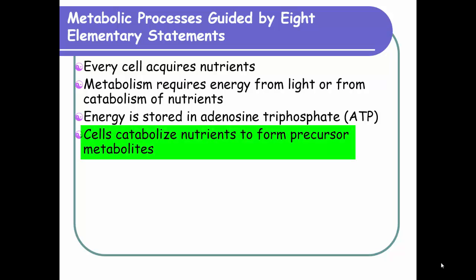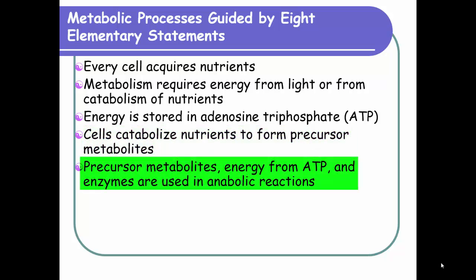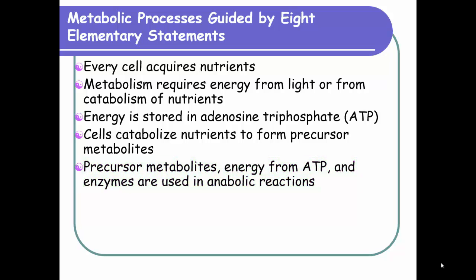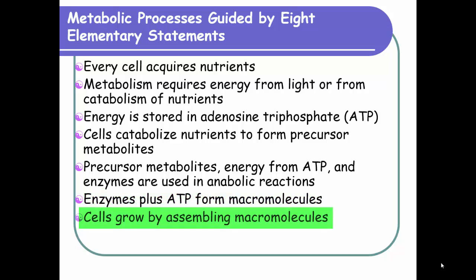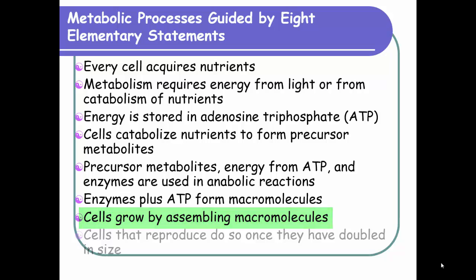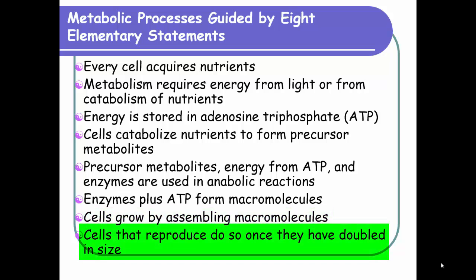Cells catabolize nutrients to form precursor metabolites. These precursor metabolites, the energy from ATP and enzymes are used in anabolic reactions to build what the cell needs. Enzymes plus ATP then form macromolecules. The cells grow by assembling these macromolecules, and cells reproduce once they have pretty much doubled in size.